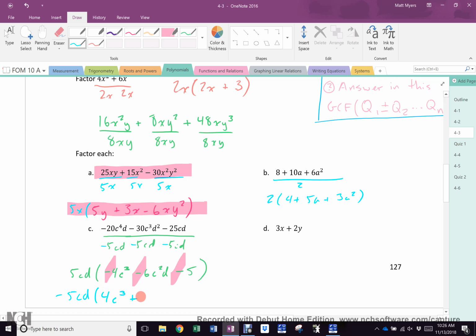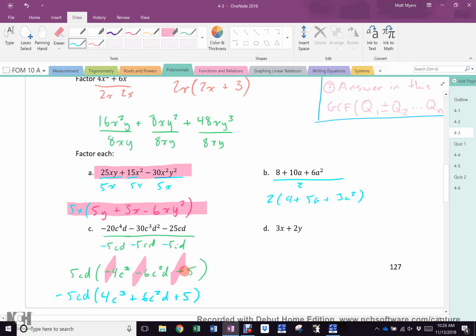4C cubed plus 6C squared D plus 5. Does everybody see? We just like to get the negatives all the way out. That way, if we're going further, we're only dealing with one negative instead of three. Does everyone understand? Yes.